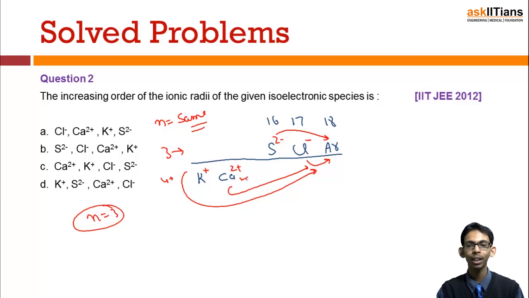So calcium, having the highest atomic number here, would have the maximum number of protons in the nucleus, and that will attract most effectively these three shells, and thus would have the smallest size. So calcium would have the smallest size, followed by potassium, then obviously chlorine, and then sulfur. So the correct option is C here.